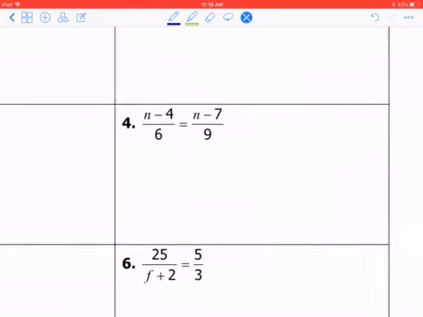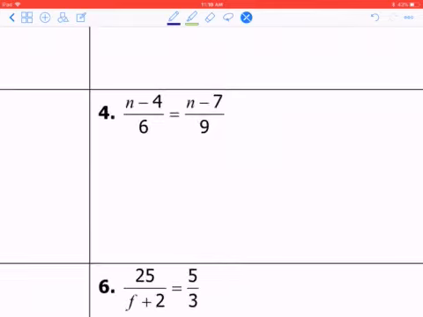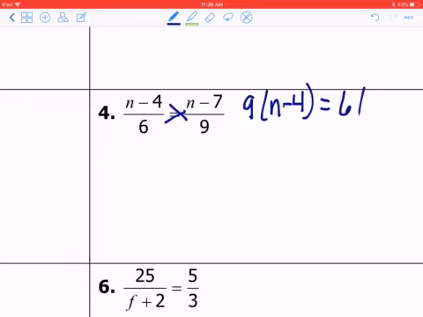So number 4, you're going to cross multiply to solve for our variable n. So I'm going to go across. You have 9 times n subtract 4 equals 6 times n subtract 7. Go ahead and distribute.